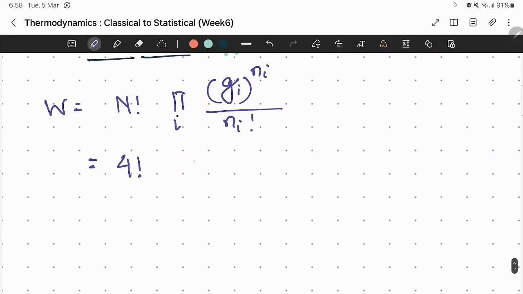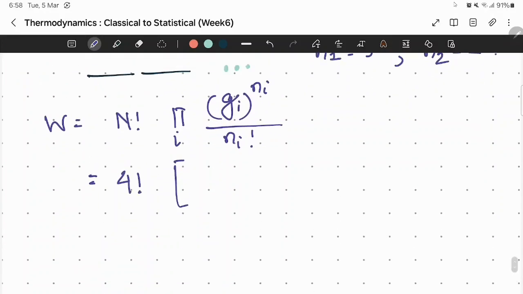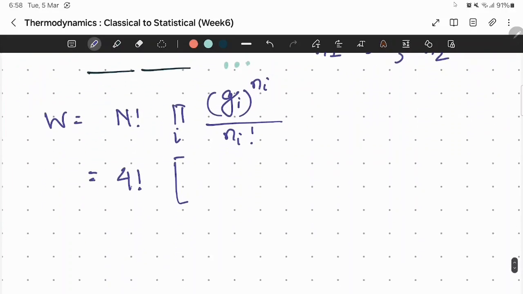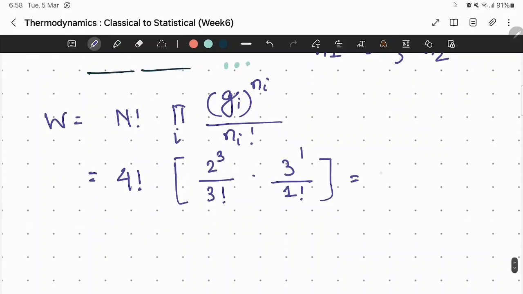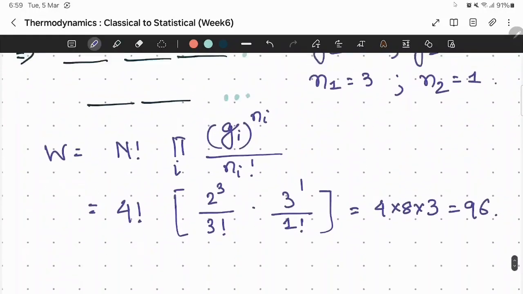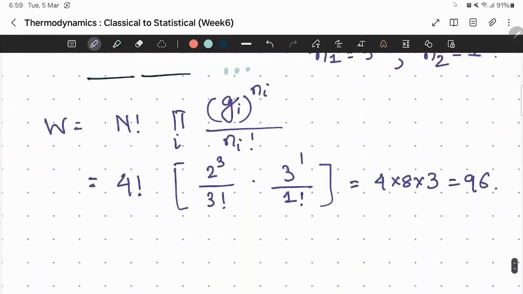So 4 factorial times 2 to the power 3 divided by 3 factorial, into 3 to the power 1 divided by 1 factorial. So it is 4 into 2 to the power 3, 8, into 3, so it's 96. Okay, so a direct formula based question.